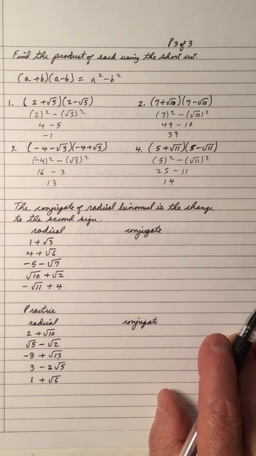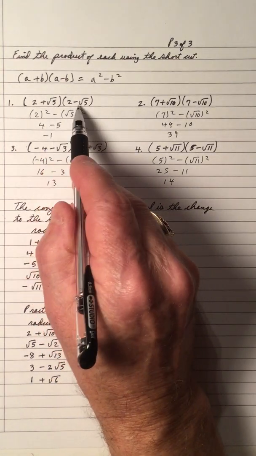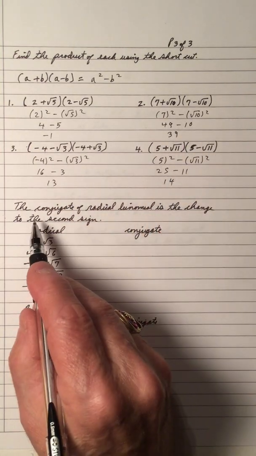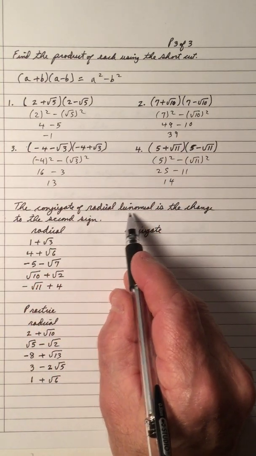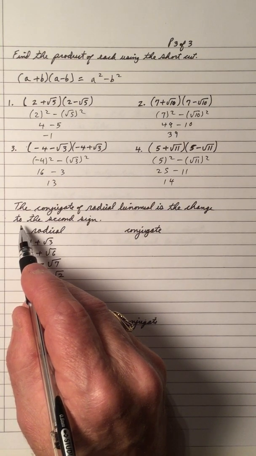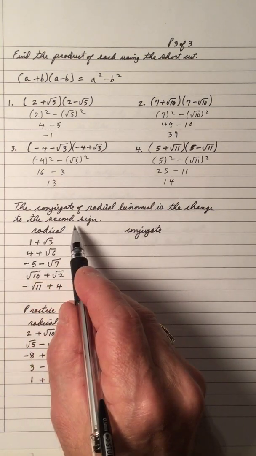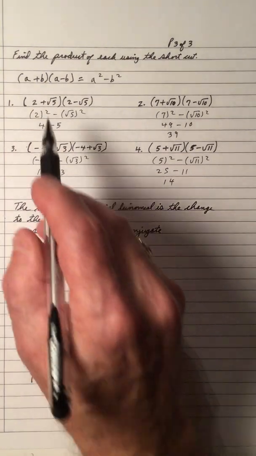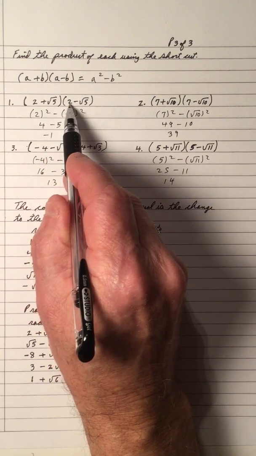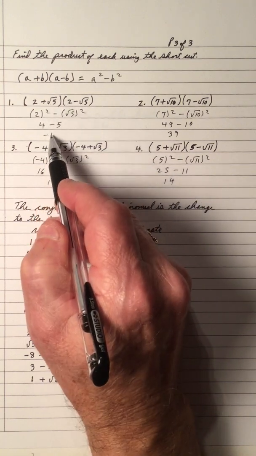Based on that, these two are what we call the conjugates of each other. The conjugate of a radical binomial is the change to the second sign. So when you take two binomials and multiply by their conjugates, as we have up here, we will get a rational number.